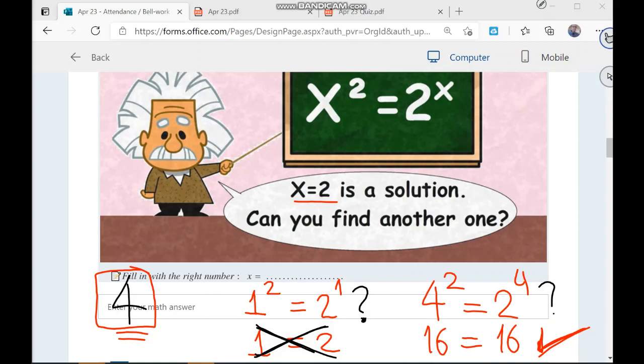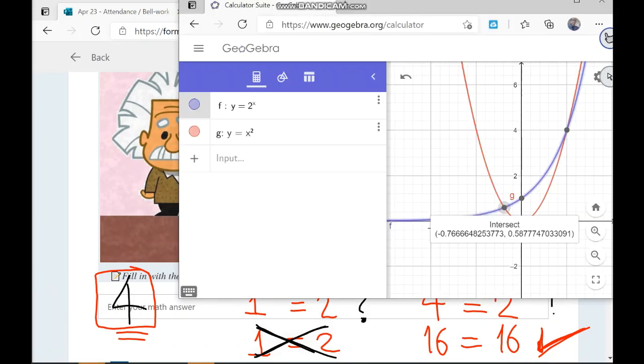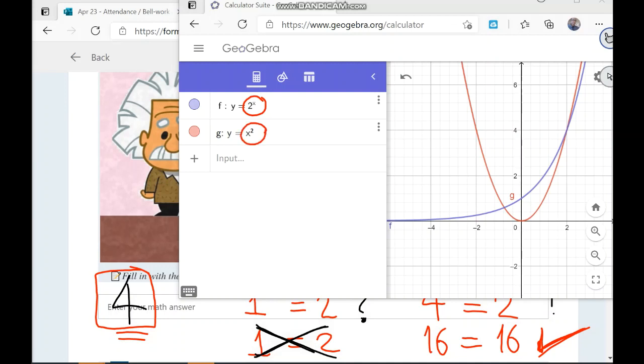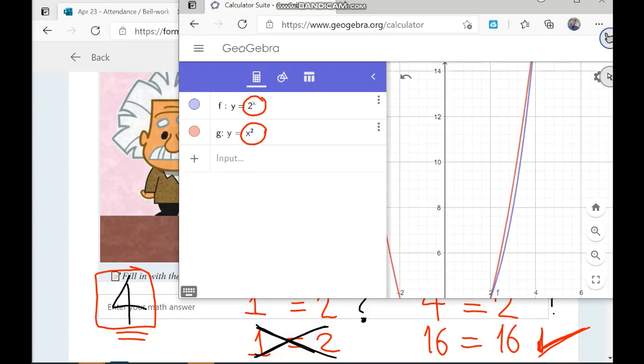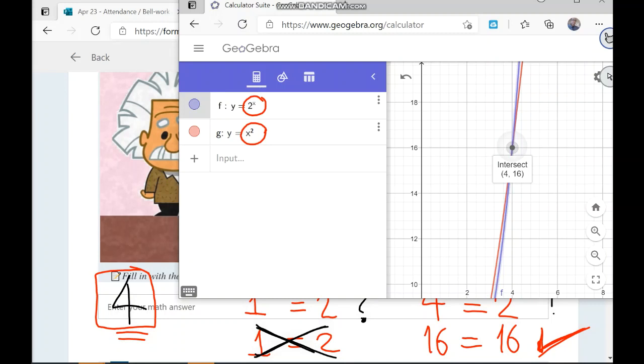One way of checking it is by graphing. Have a look, I've done this before. I type it here on the first line, 2 exponent x. I type it on the second line, x squared, and then we have the graphs here. We will find 3 intersections. One intersection is for x equals 4.